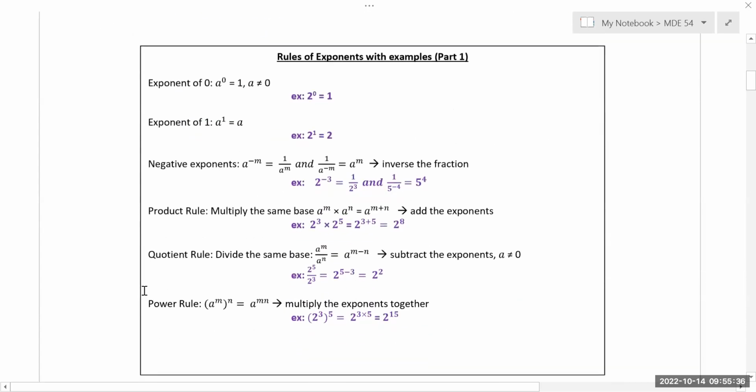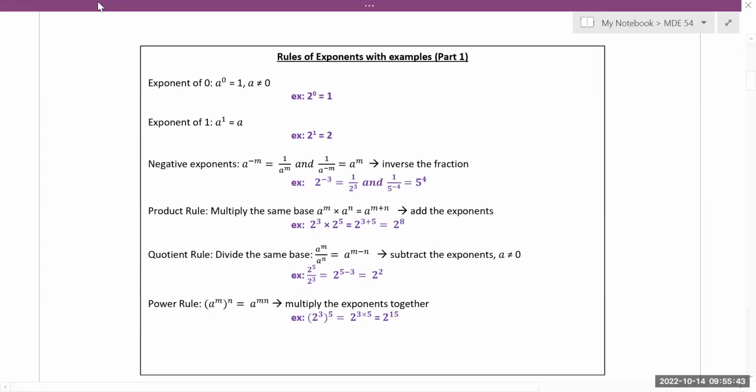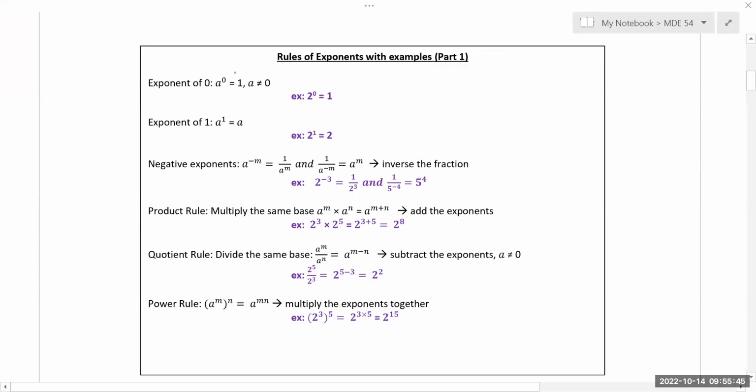We've got a few rules of exponents that definitely come in handy. The first one is that anything to the 0 is 1, except for 0 itself. So 1,000 to the 0 power is 1, and 2 to the 0 power is 1. If something is raised to the first power, you get it back out because you're only multiplying yourself once.